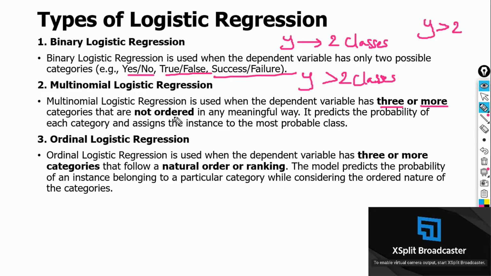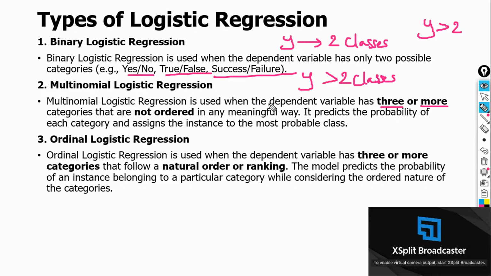What does nominal data mean? Nominal data is just an identity given to a place, a person, or anything. Then we also discussed ordinal.